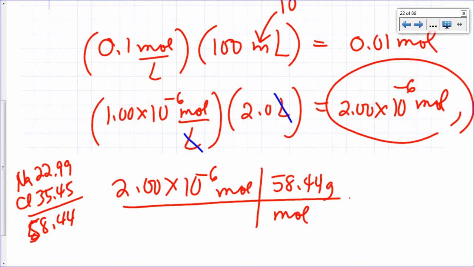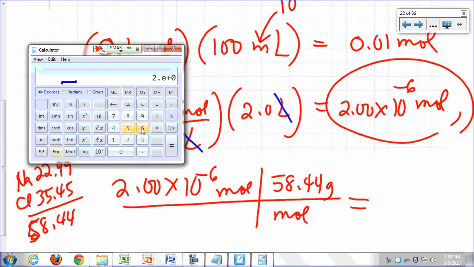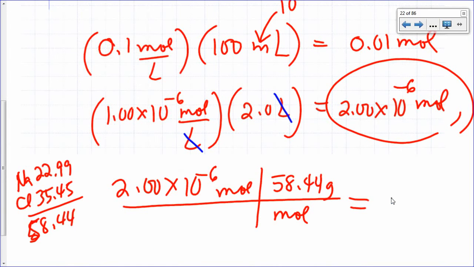And that gives us 2 times 10 to the negative 6 times 58.44, which is about 0.0001 grams. It's a tenth of a milligram right there, so it's 0.117 milligrams.